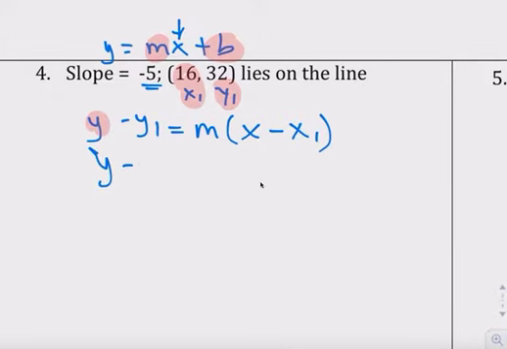Y minus 32 equals negative 5 parentheses x minus 16. So for x1 I put 16, oops, sorry, and y1 I put 32. And I substitute in for m for slope. Okay, and that's your point slope form. And that would be it.